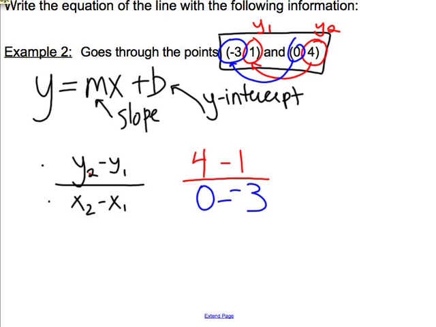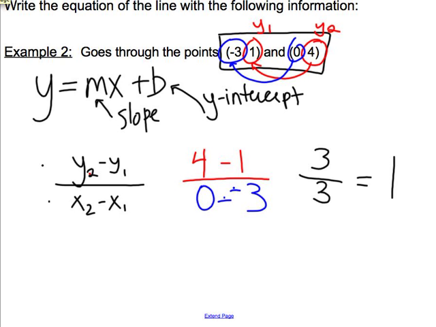Subtract the y's on top, subtract the x's on bottom. Yes, it's important to have the minus -3, because it's very different than just -3 or adding -3 or just 0 minus 3. It's a very different problem. So on top, we're going to get 3. On the bottom, we're going to remember our tricks to subtracting negatives and understand that that's going to give us +3. One more simplifying step, and we get the answer of 1.